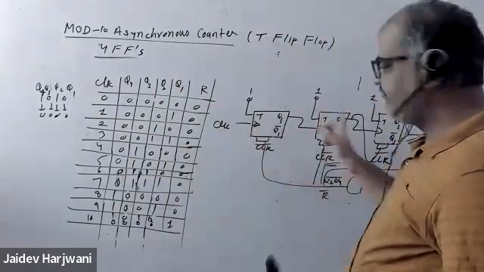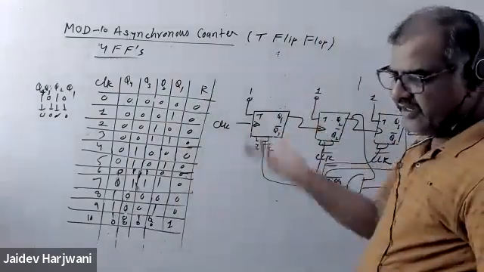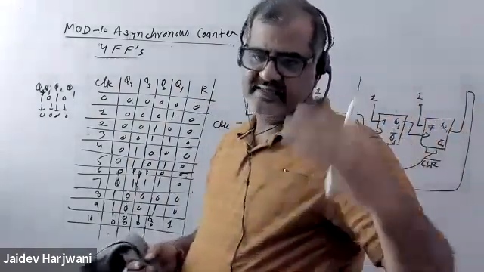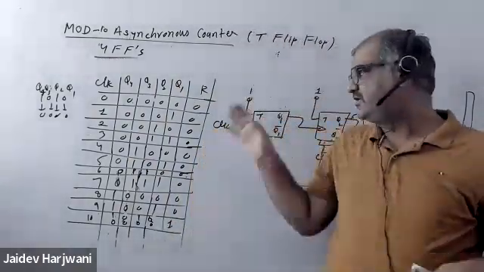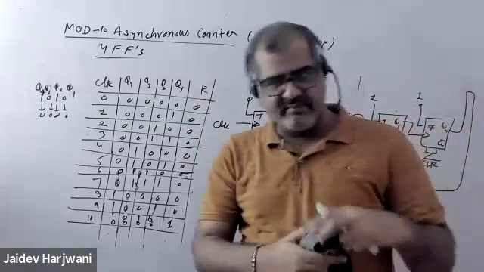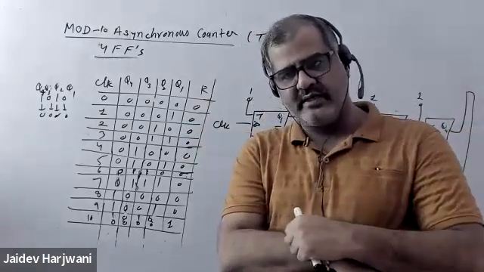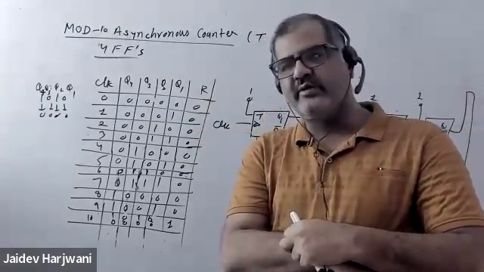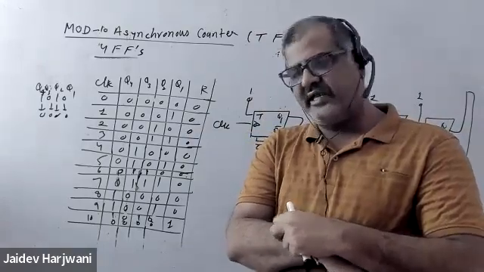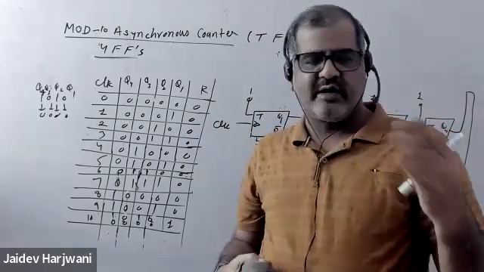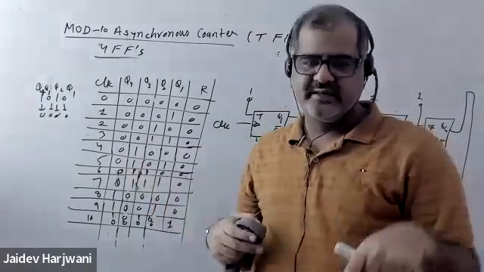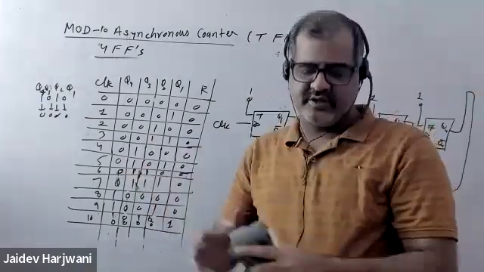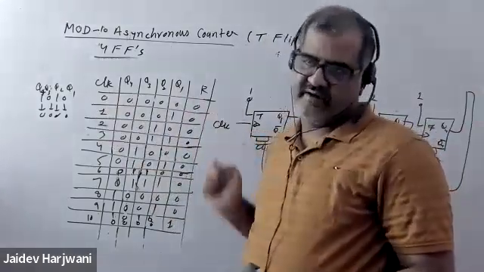Because there are n flip flops, there will be n delays, and if delay keeps on happening, there is a chance that the counter may miss some counting. Okay, suppose you have a mod 10 counter, and after pulse 8 it should count 8, but it may count 9. It may miss the number 8 because of the propagation delay of each flip flop.